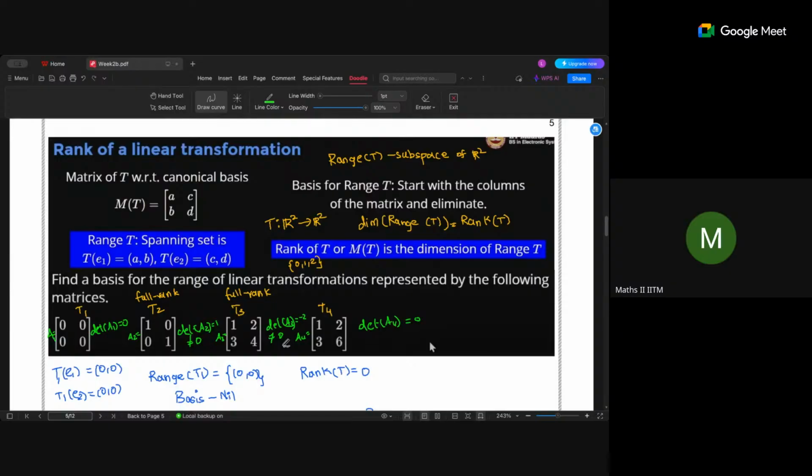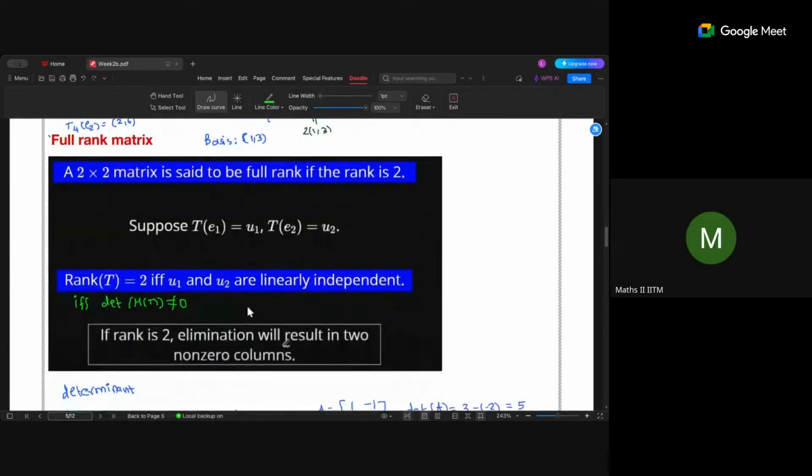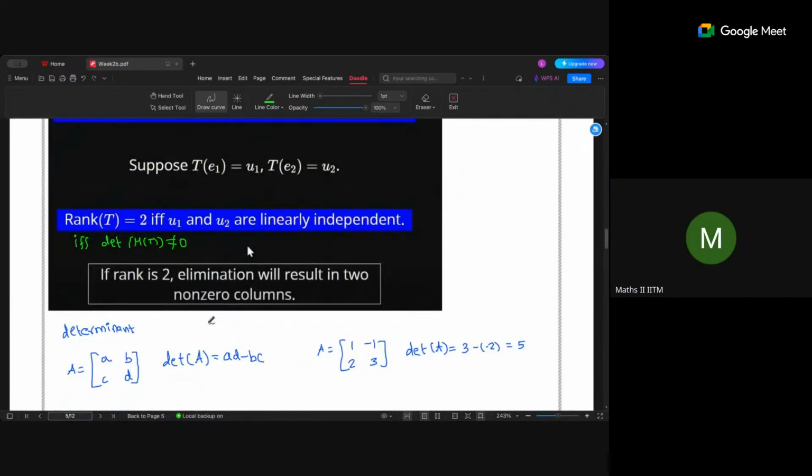Just something you can remember. There is much more we can see about determinants in later weeks. Since this is very important in understanding the rank, I have introduced it quickly here. We are going to see the determinant topic in detail in later weeks.